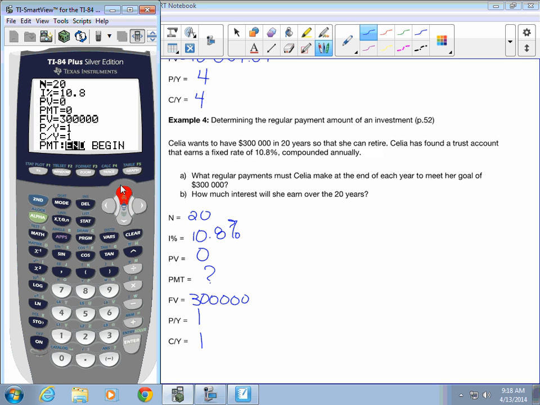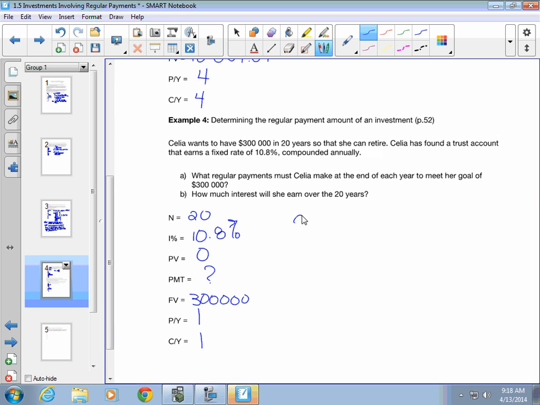So go back to payments. Alpha, enter. So her payments are $4,781.09 a year.